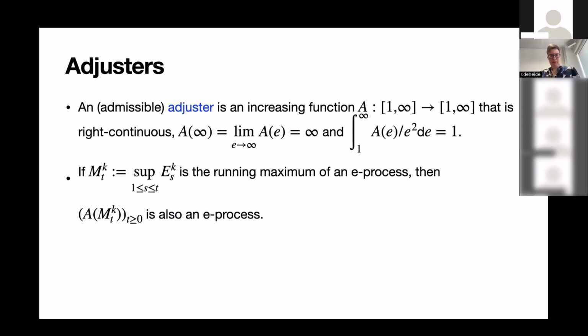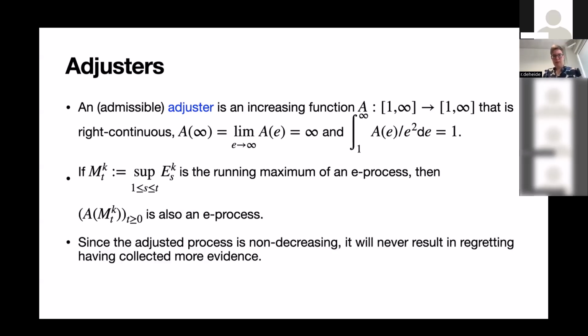And the nice thing is that if M_t is the running maximum of an E process, then the adjusted maximum process is also an E process. So that's nice. The adjuster sort of tunes down the maximum process, such that it is an E process after all.